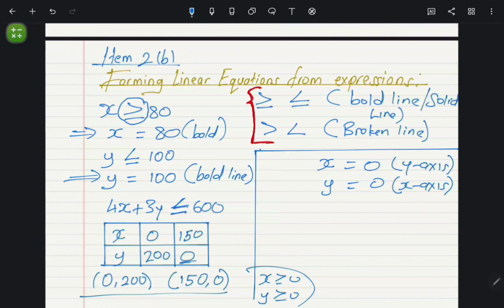Now, having formed our linear equations from the expressions, the next thing that we now need to do is what the task was requiring us. The task was specifically telling us to show the Taylor's conditions on a Cartesian plane. The feasible region of the Taylor's condition is what we are supposed to show on a Cartesian plane, and that is what we are going to do right now.